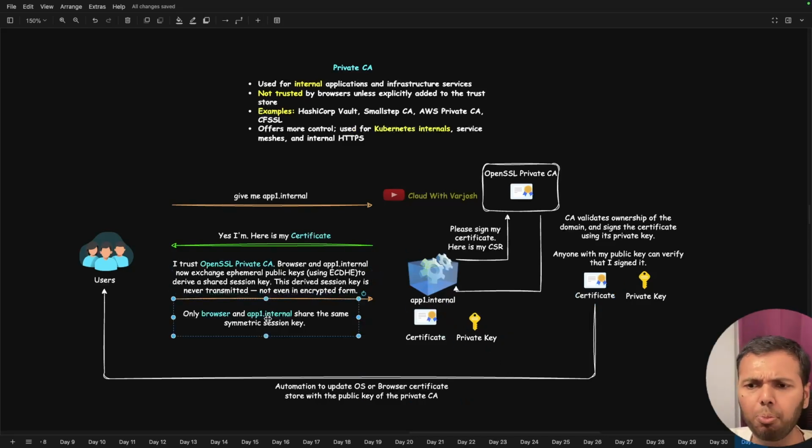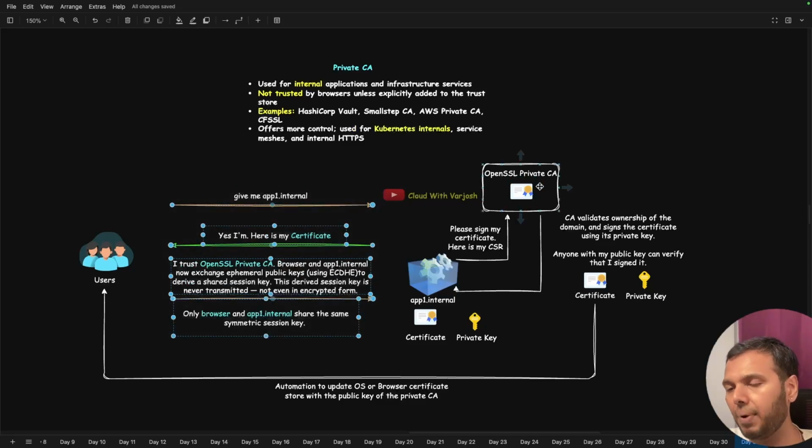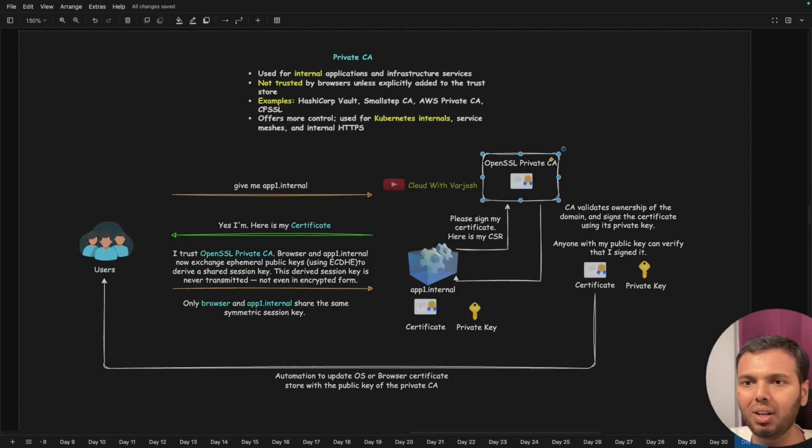The rest of the process is the same as we discussed for public CA. The TLS part remains the same. It is just that we have brought in a private CA since our website is internal to the users of our organization. So that's about private CAs.